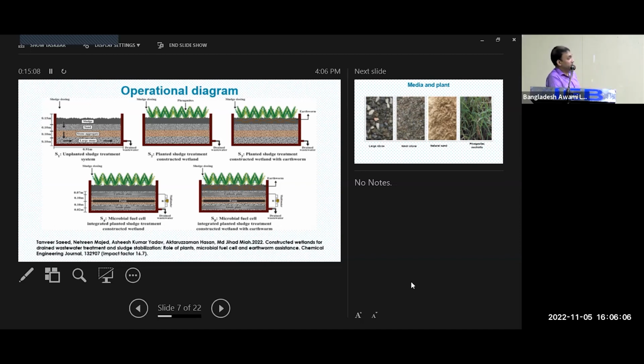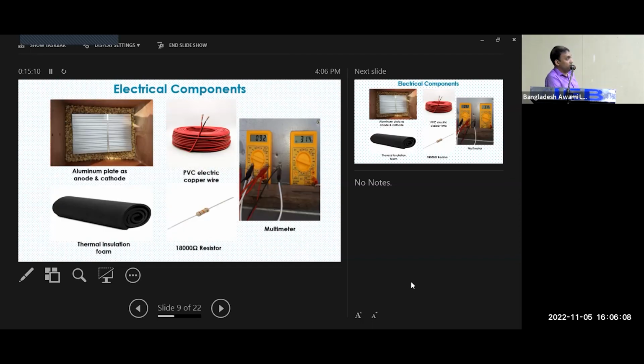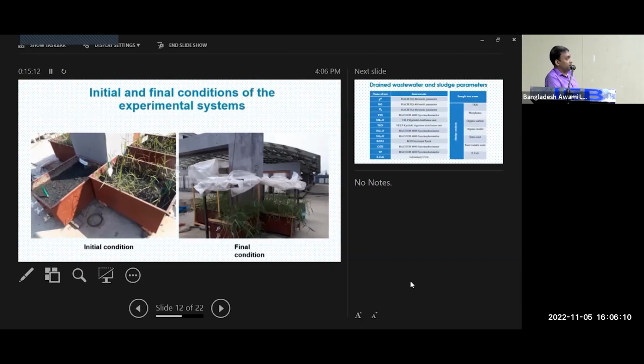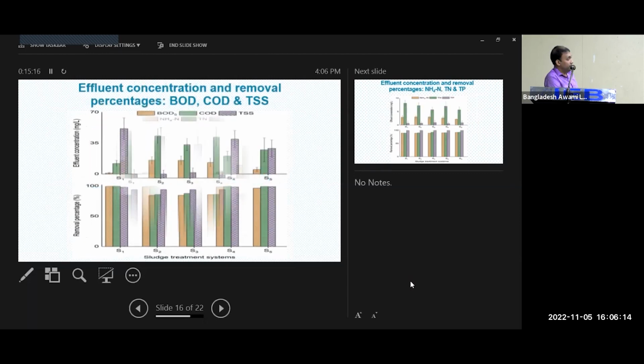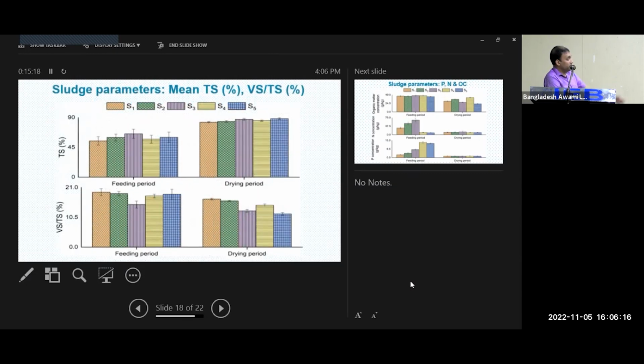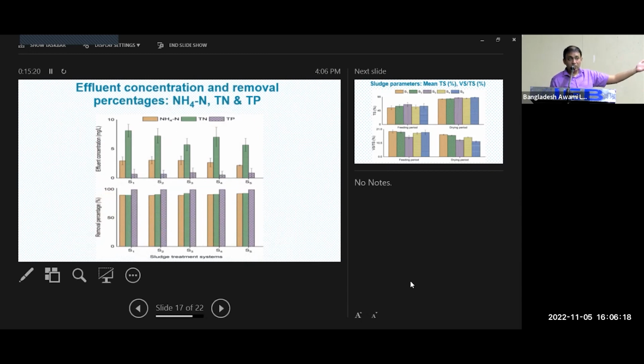I will not come back to this slide now. Similar to the total nitrogen, in total nitrogen also, the microbial fuel cell earthworm assisted system achieved much better total nitrogen removal.